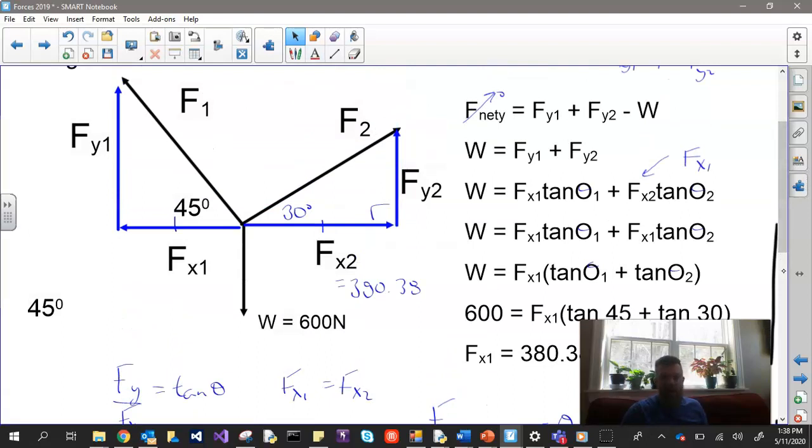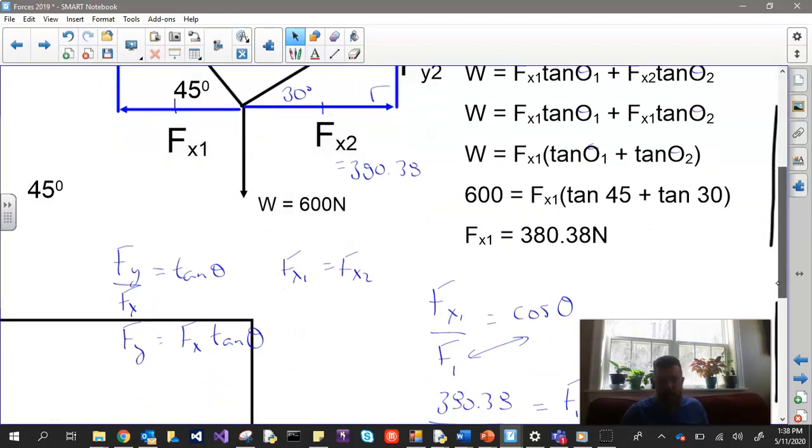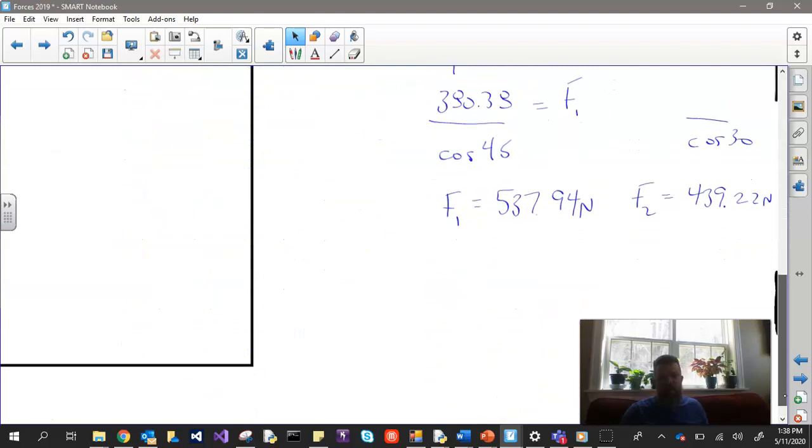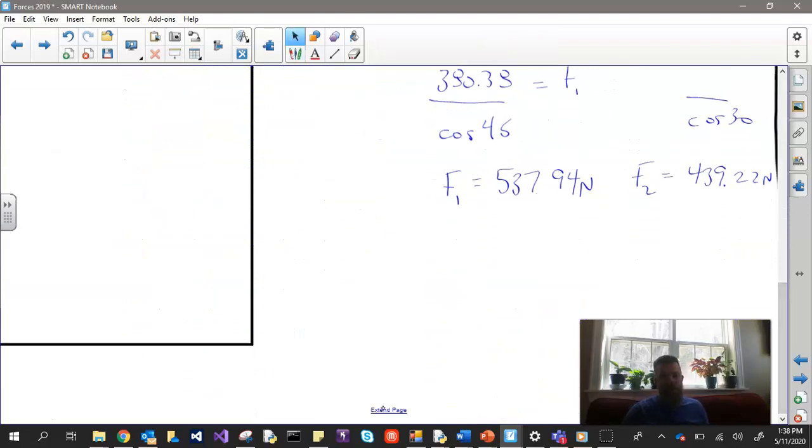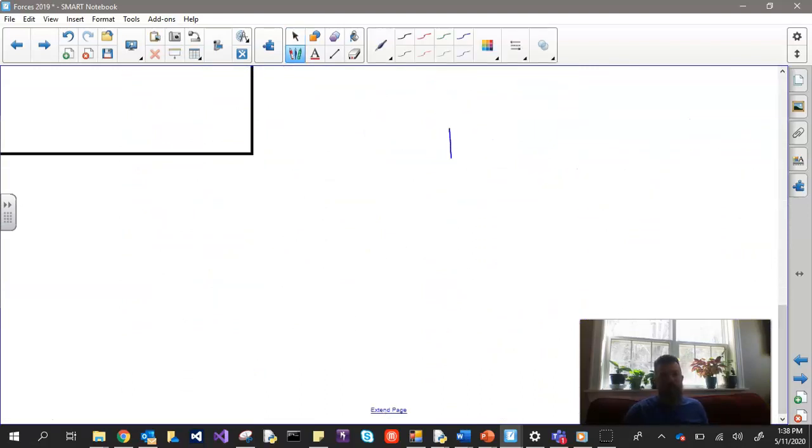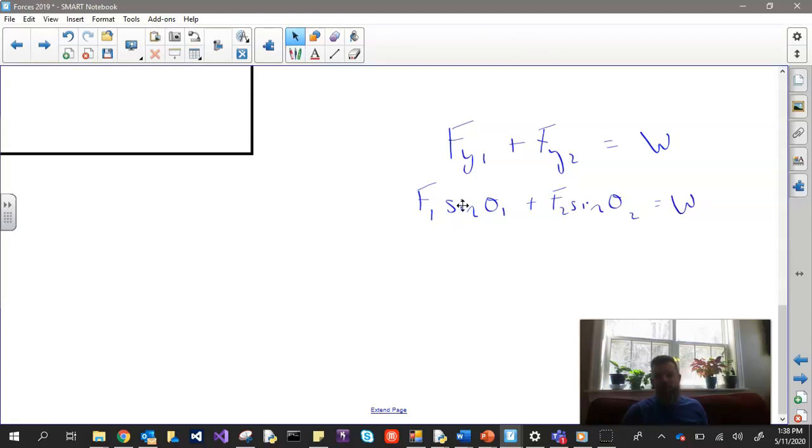Now, I'll show you one other thing. If you look this up online, you'll also find sometimes they do it a little bit differently. So they get this point, they have fy1 plus fy2 equals w, and then they say f1 sine theta 1 plus f2 sine theta 2 equals weight, which is what we could do.